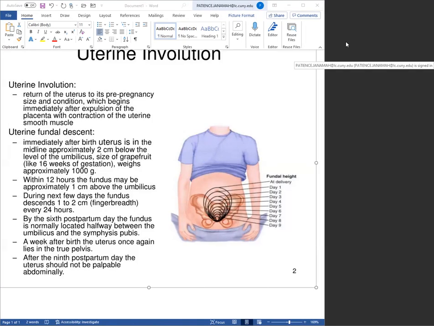Rubra is bright red discharge that occurs from the day of birth to 3 days.